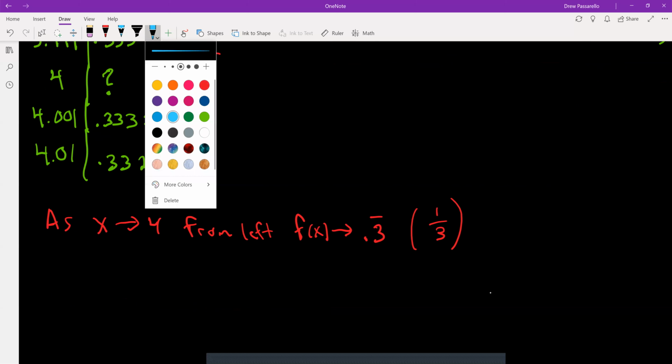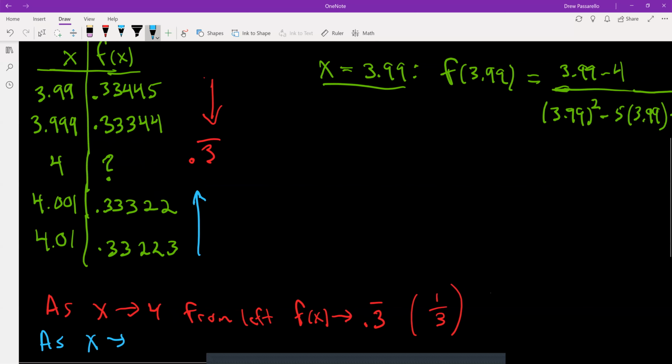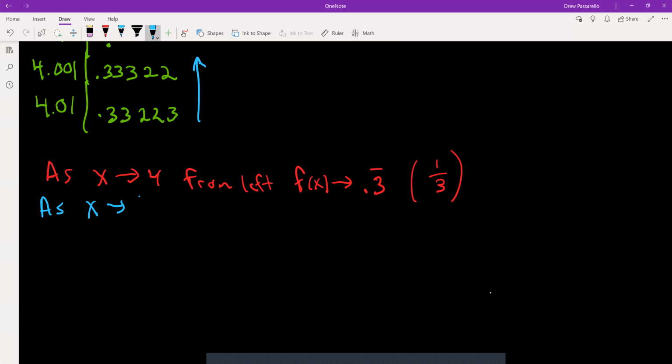And then as you approach from the right side, it's the same thing. They're approaching 0.3 repeating. And you see this is an estimation. I'm just estimating that it is 0.3 repeating based on the pattern. That's why I use the analytical approach to have a more exact answer, which is going to be in the next section. So from the right, the approach is 0.3 repeating.